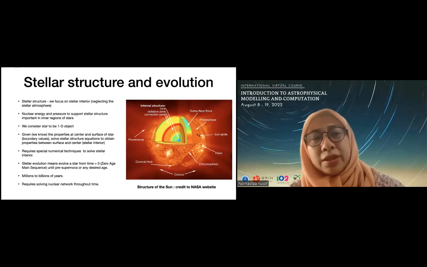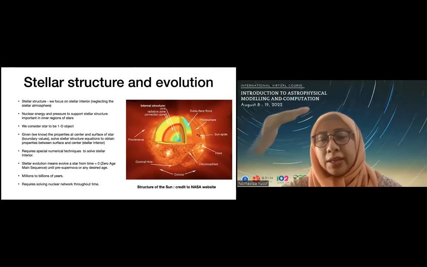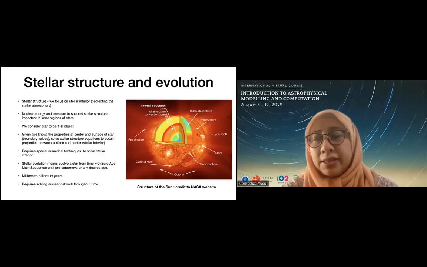When we speak about stellar structure, we are only focusing on the stellar interior, not the stellar atmosphere, as you can see in the structure of the Sun in this figure. We consider only from the center up to the photosphere level, and the photosphere and above is what we call the stellar atmosphere.